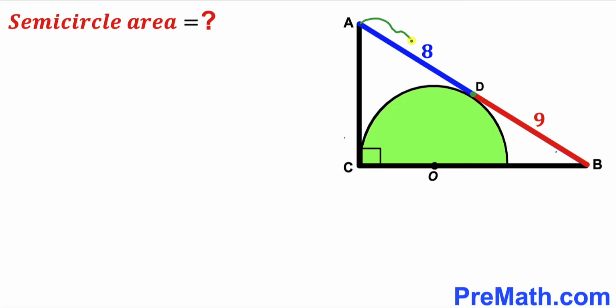This segment AD length is 8 units, whereas the segment BD length is 9 units. And now our task is to calculate the area of this green shaded semicircle.